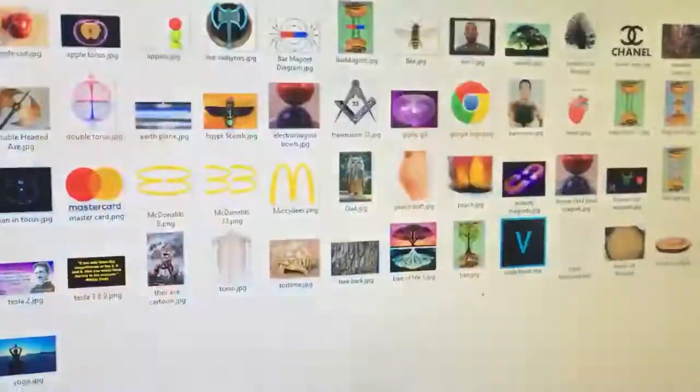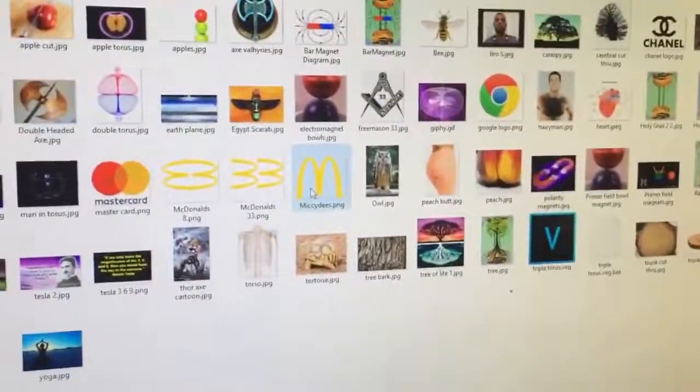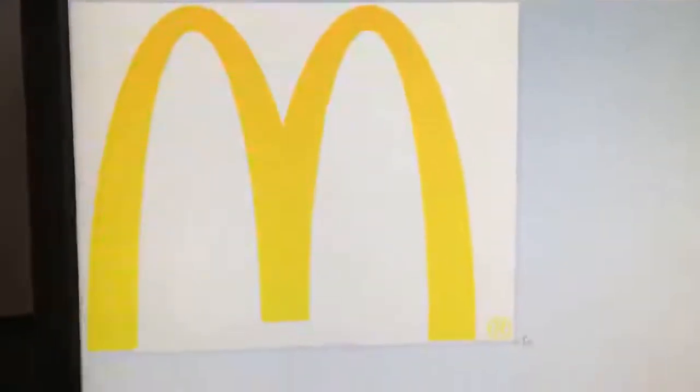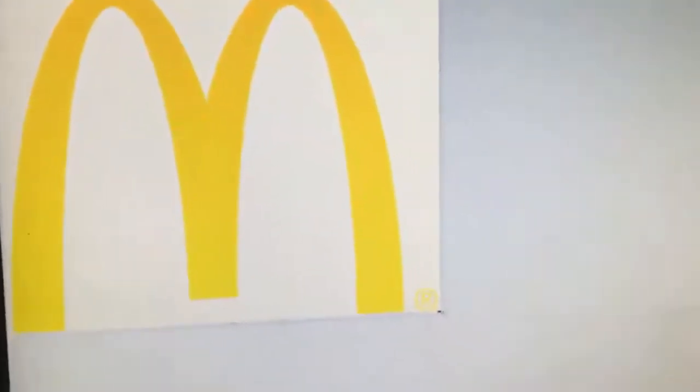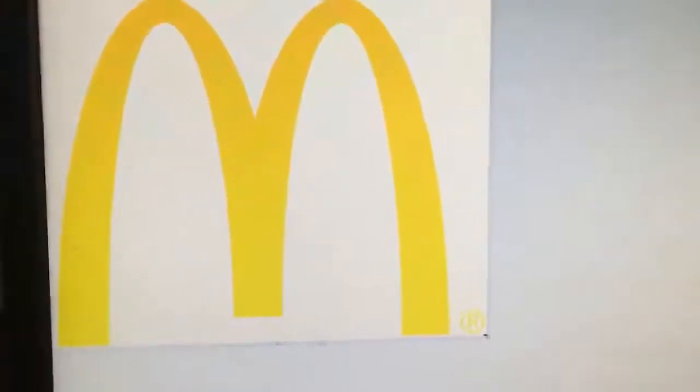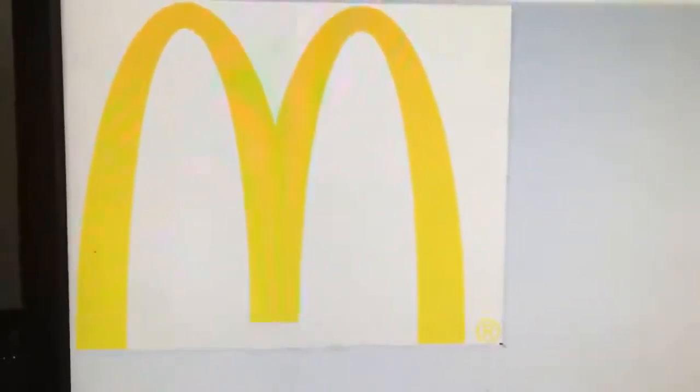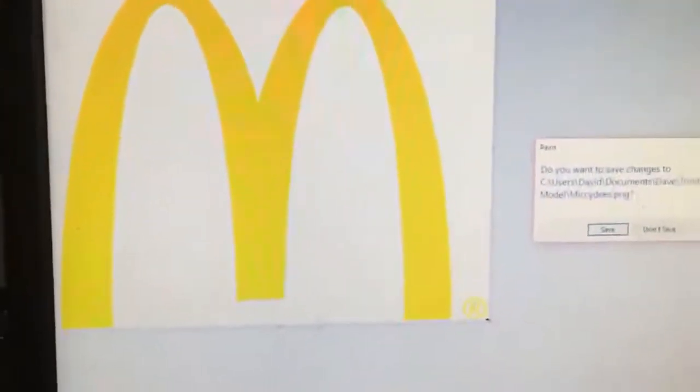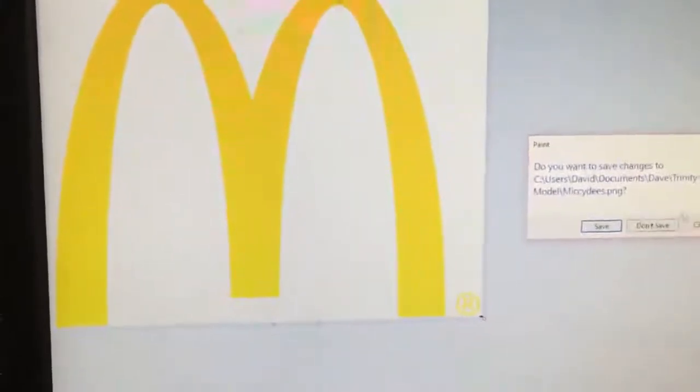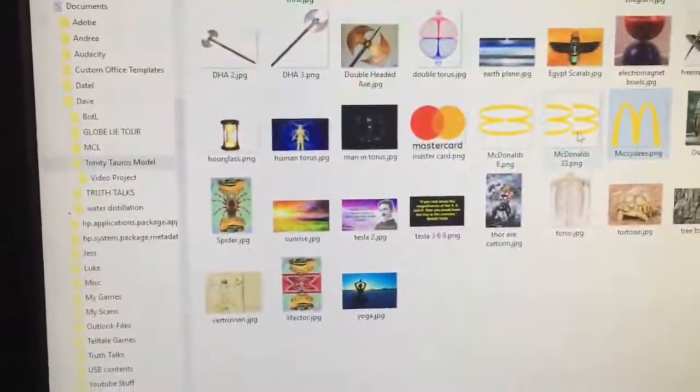So, here's another logo that you'll be quite familiar with. There you go. And that logo is incredibly esoteric, by the way. That's very, very esoteric.